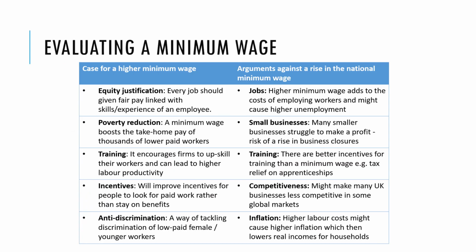Now, there are lots of arguments for and against a minimum wage, but the arguments against minimum wage will be relevant here in that the intervention by the government in the labour market by providing a minimum wage would lead to negative effects. And so the negative effects here on the right-hand side, the arguments against the minimum wage, would serve to highlight that this is an example of government failure.